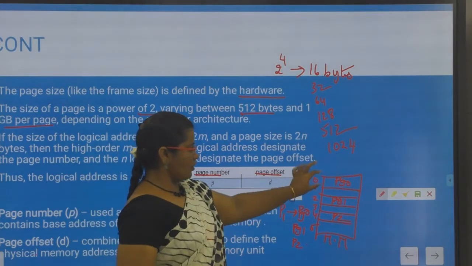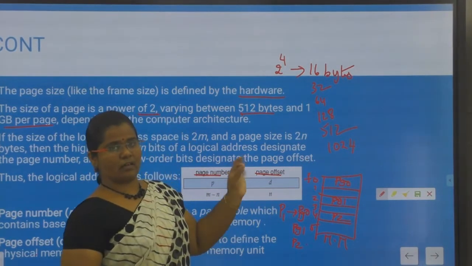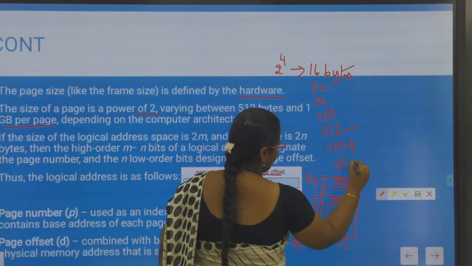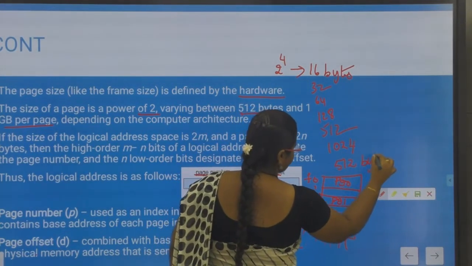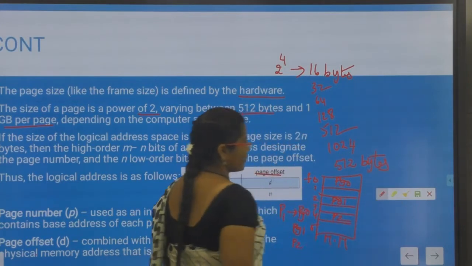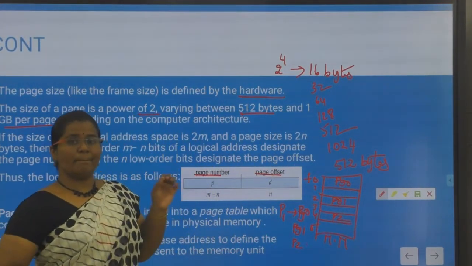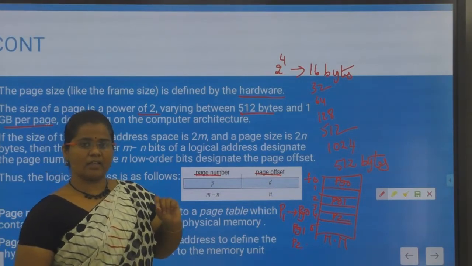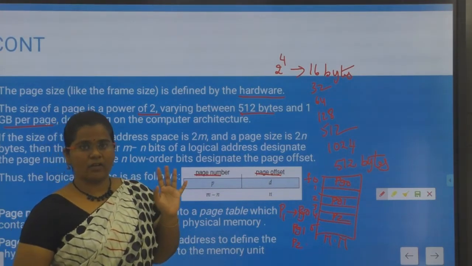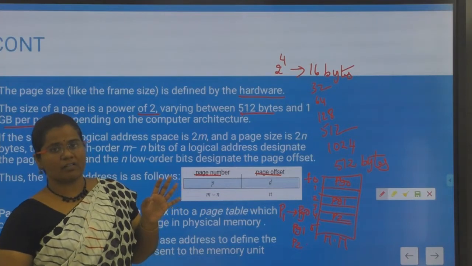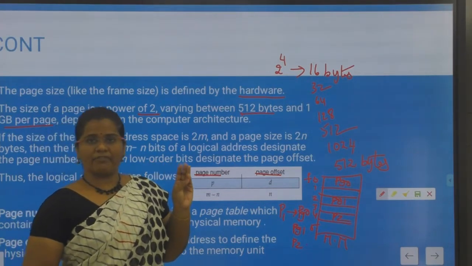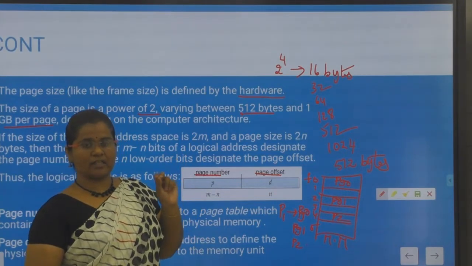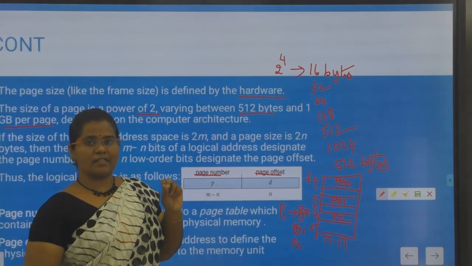In page 0, if we assume our page size as 512 bytes, your CPU will execute byte by byte. For each and every byte, your CPU will take one CPU clock cycle. So what is the CPU clock cycle again? You will have 3 steps: fetch, decode and execute. All these 3 steps together are called one CPU cycle.